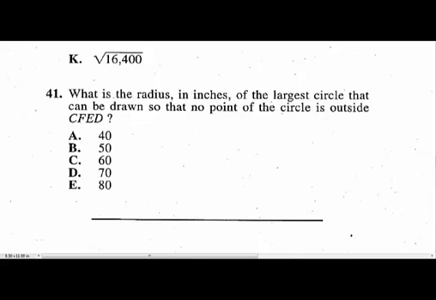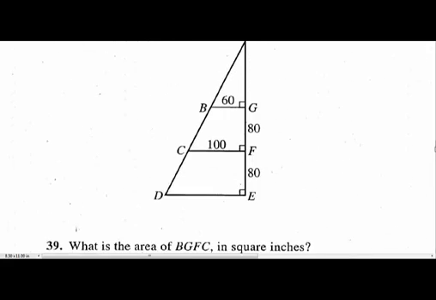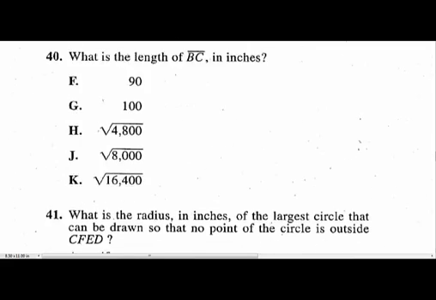So let's go back and see CFED. That's right here. C to F is 100, F to E is 80, and for E to D there's no information given here, and there's no information here. So just for training purposes, you wouldn't have to necessarily do this on test day, I'm going to draw this out so I don't have to keep going up and down.